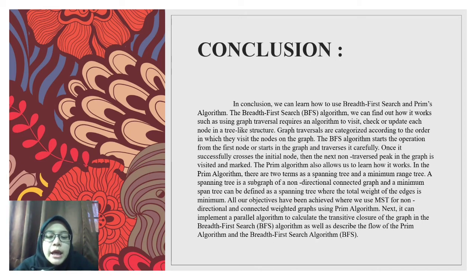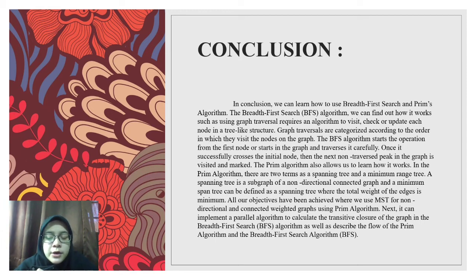S58578. In conclusion, we can learn how to use breadth-first search and Prim's algorithm. With the breadth-first search algorithm, we can find out how it works, such as using graph traversal, which requires an algorithm to visit, check, or update each node in a tree-like structure. Graph traversals are categorized according to the order in which they visit the nodes on the graph.